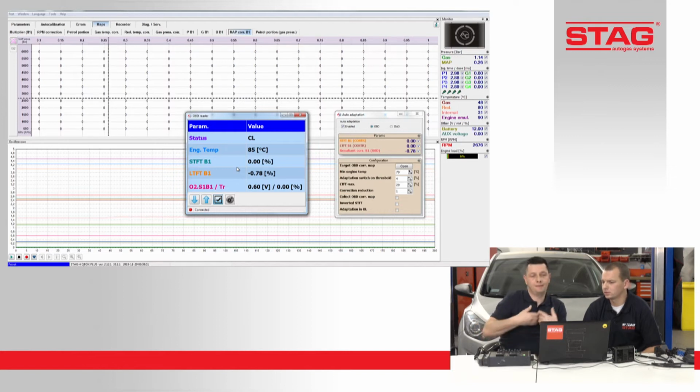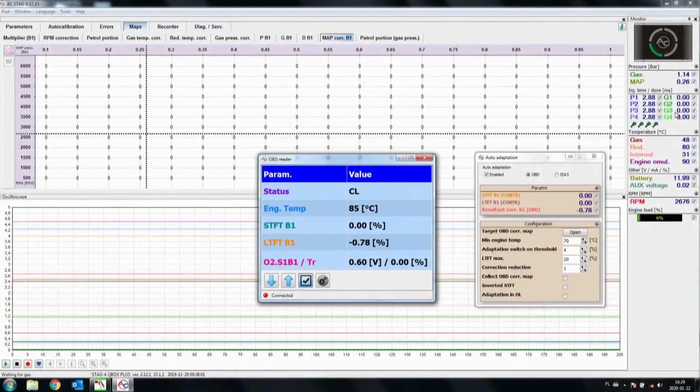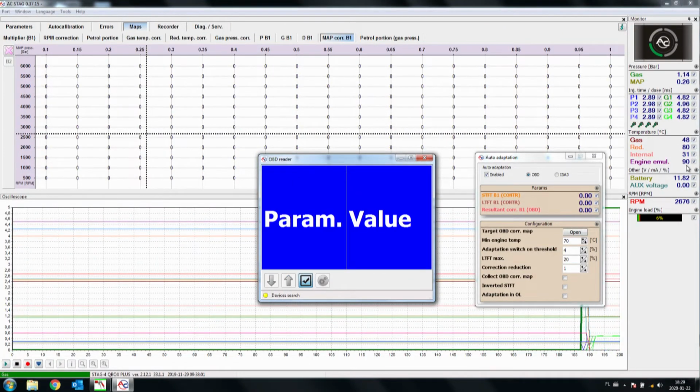It's looking at the voltage of the oxygen sensor and making a trim on the fuel dosage. Right. So we are changing to gas. The system will start to work on the gas. Okay. The system is working on the gas.